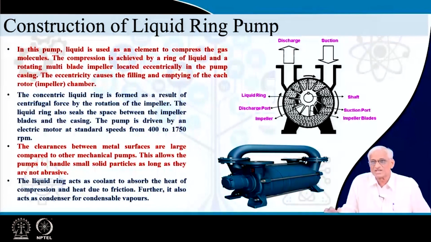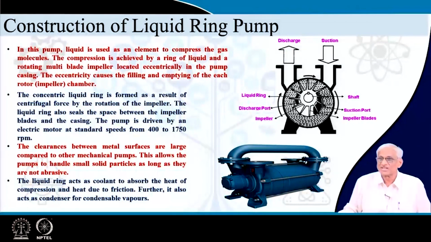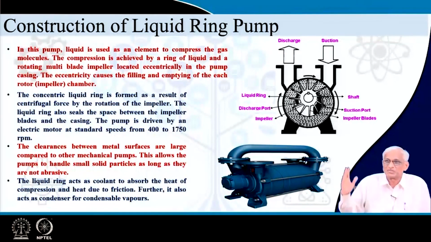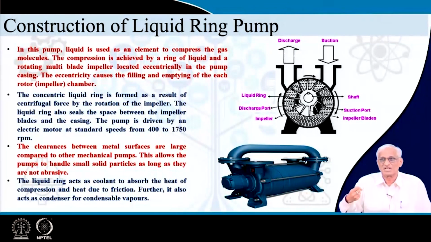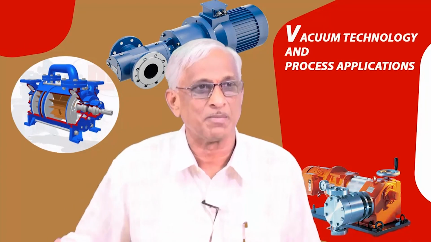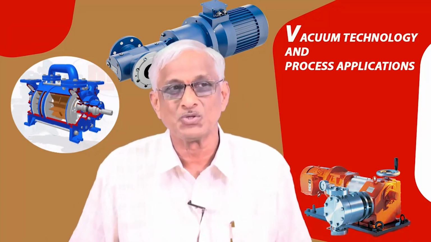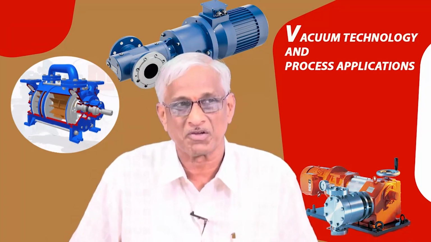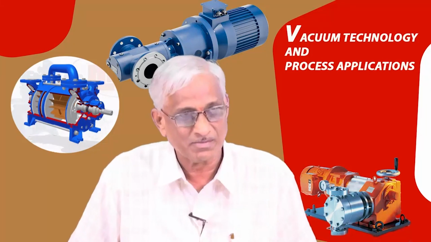That means, it is not like a pump down thing we are interested in, we are more interested in Q is equal to S into P. That means, throughput has to be maintained continuously against a pumping speed to maintain a constant pressure required for a process. This is what we have discussed in the basic concepts, you remember. Q is equal to S into P, which is a very important equation in vacuum technology.